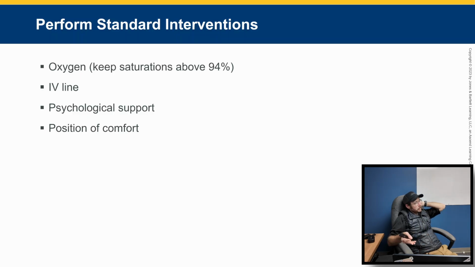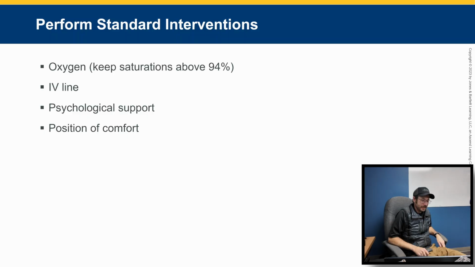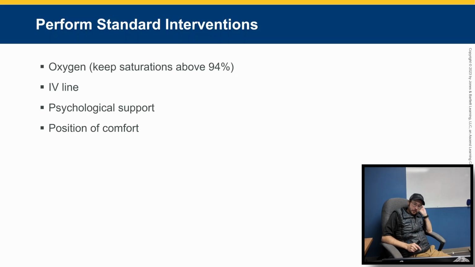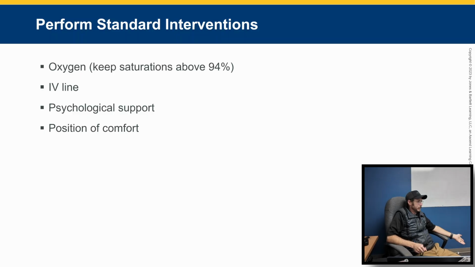So oxygen, does every patient need oxygen? Technically, yes. Well, they do need oxygen. Not every patient needs supplemental oxygen, all right? So our goal should be to keep their SpO2 above about 94.